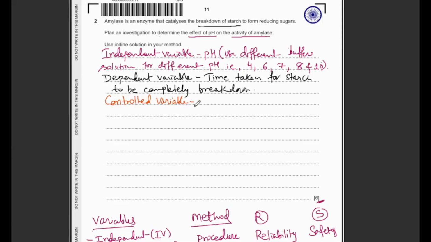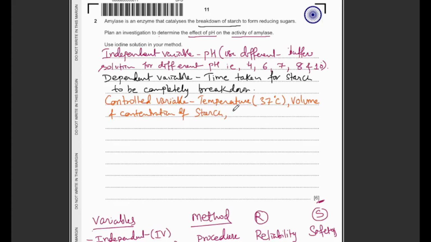What's a controlled variable here? We are keeping the temperature constant, that is 37 degrees Celsius. We keep it in the water bath. Then volume and concentration of what? Of starch here, first thing, which is already there.